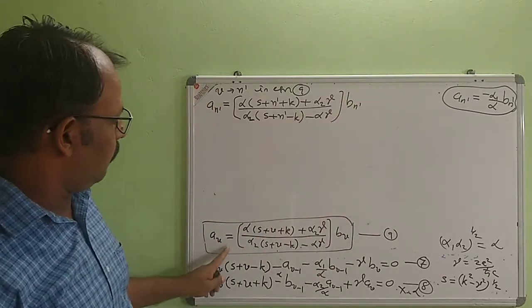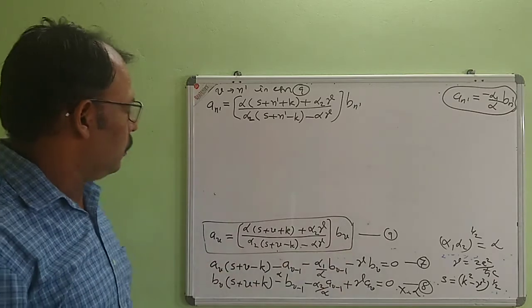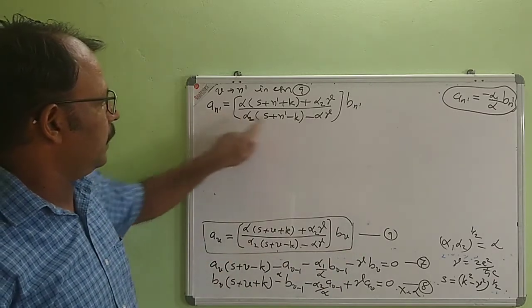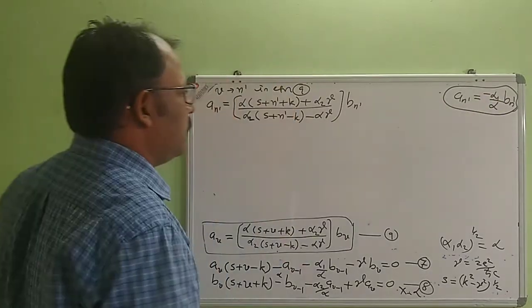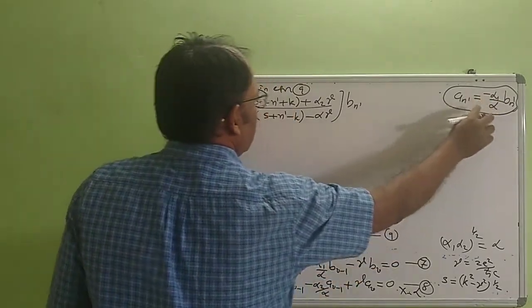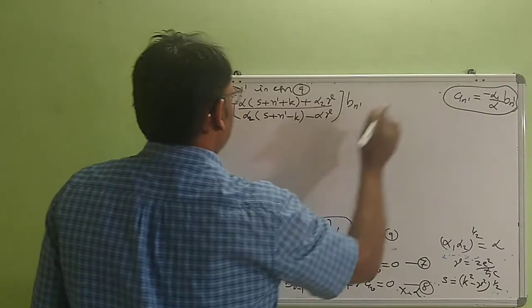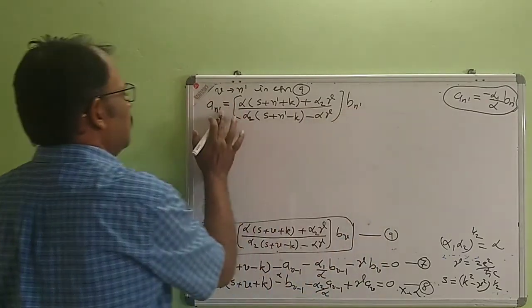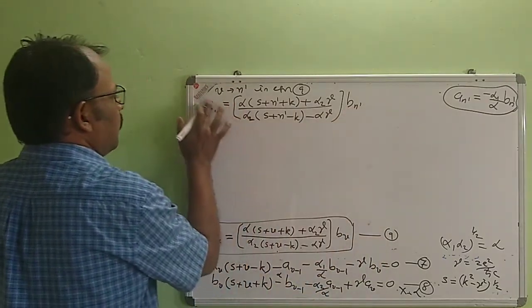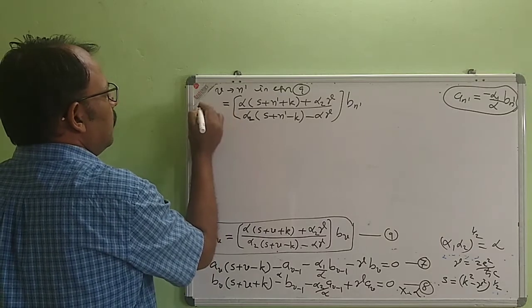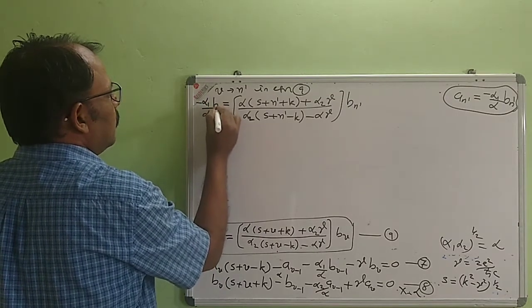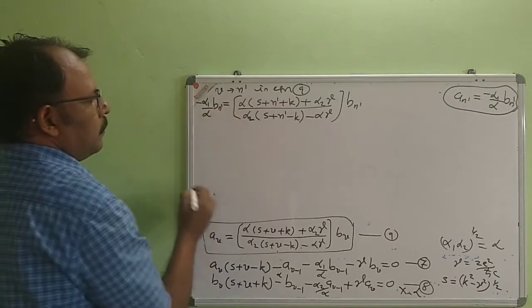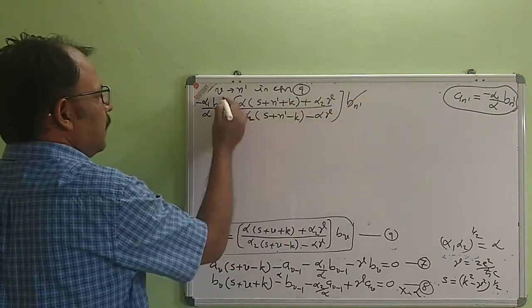Replacing v by n prime in equation number 9, we get an equation like this. This a n prime and b n prime are related by the equation a n prime is minus alpha 1 by alpha b n prime. So I am replacing a n prime by minus alpha 1 by alpha b n prime. So this b n prime will get cancelled.